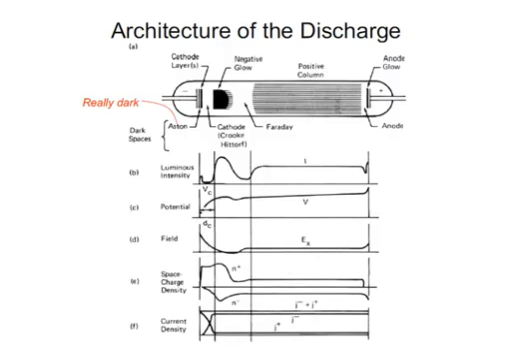So in last hour we learned the discharge process in the cathode region and in the anode region, and this hour we will discuss the discharge process in the negative glow region.